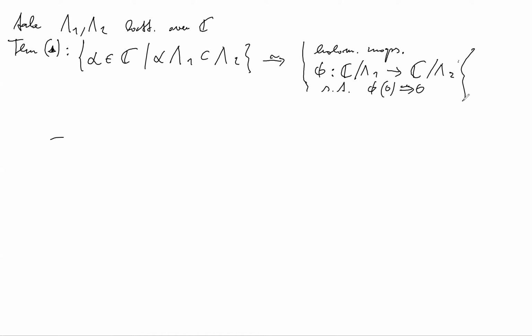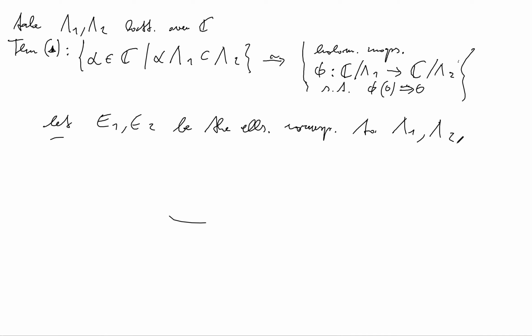Okay? And then there's a second correspondence. Let E1, E2 be the elliptic curves corresponding to lambda 1, lambda 2. We now have this correspondence by what we looked at earlier. Then again, we have the following correspondence between sets, namely isogenies.